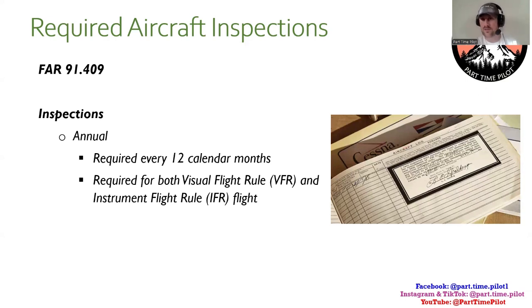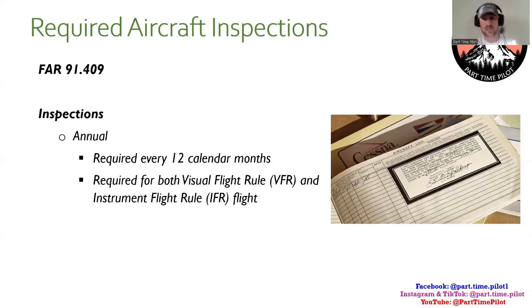And then instrument flight rules, or IFR, is a set of regulations allowing a pilot to operate an aircraft in weather conditions where navigation and control rely primarily on instruments rather than visual reference. So think of IFR as you can't rely on seeing out the windshield of your aircraft, so you have to focus and trust your instruments. Think of that as bad weather flying.